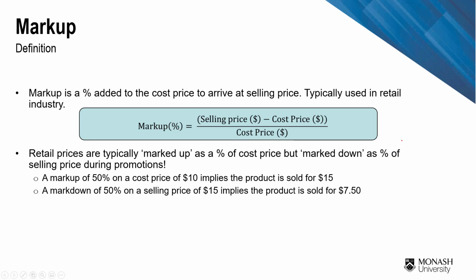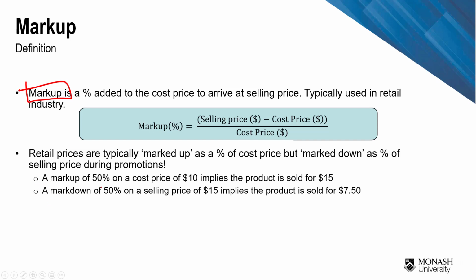Now, we understand what margin is. The next question we want to understand is what actually markup is. There's a difference between margin and markup. A markup is a percentage added to the cost price to arrive at a selling price. I'll give you an example.